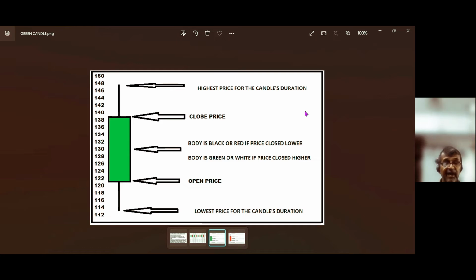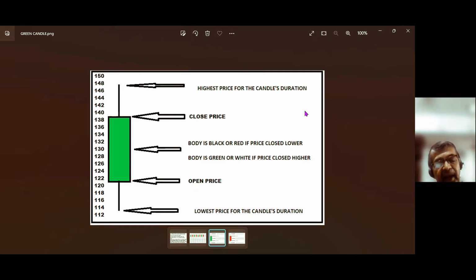In a green candle, the highest point of the upper wick is the highest price during that duration, and the lowest point of the lower wick is the lowest point during the duration.